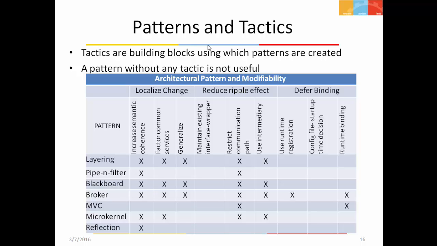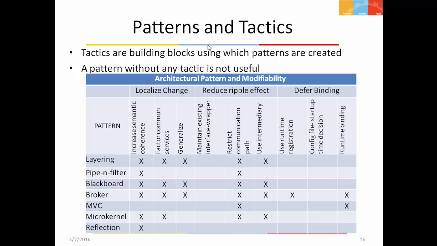So the columns I mentioned are essentially different types of tactics, and these form a many-to-many relationship, meaning that one pattern can address more than one tactic, and one tactic may use multiple types of patterns.